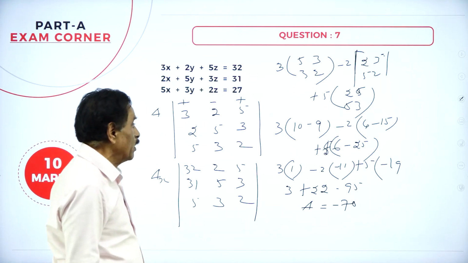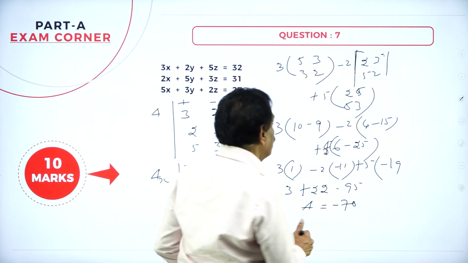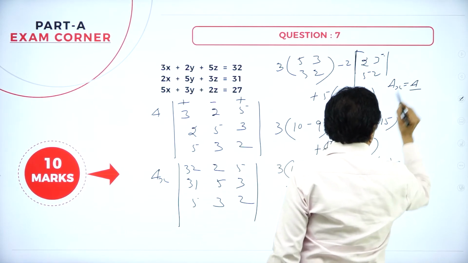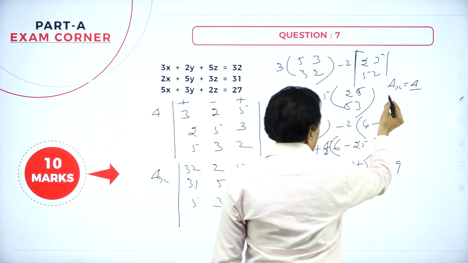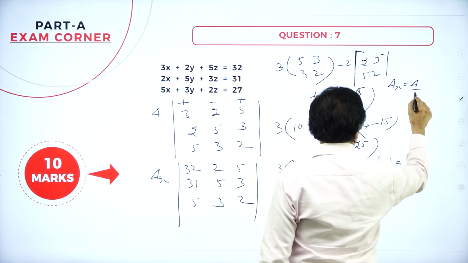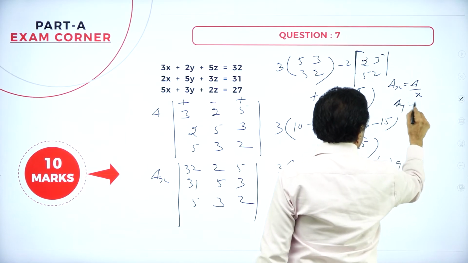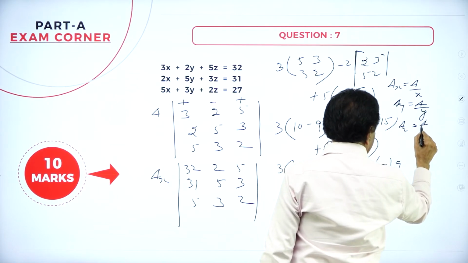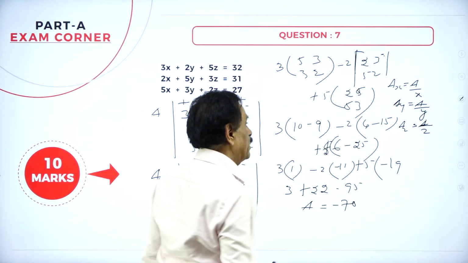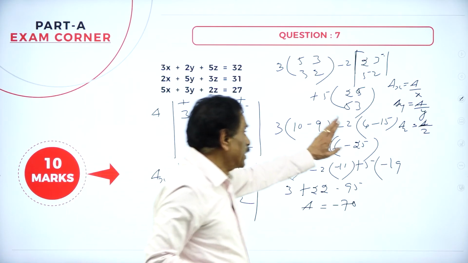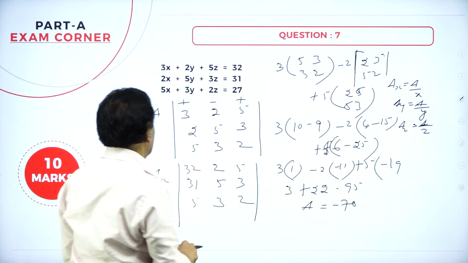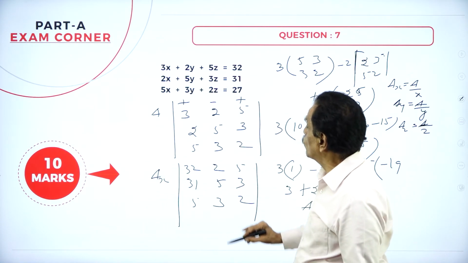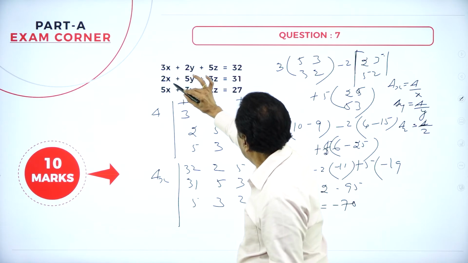Once you solve, you apply the formula: x is equal to delta x divided by delta, y is equal to delta y divided by delta, z is equal to delta z divided by delta. So we'll find the x, y and z values. It's only a rotation system, lengthy. Here first you apply 32, 31, 25.